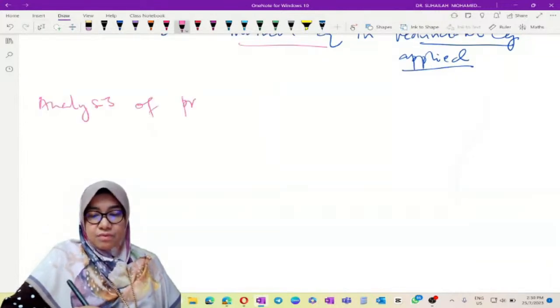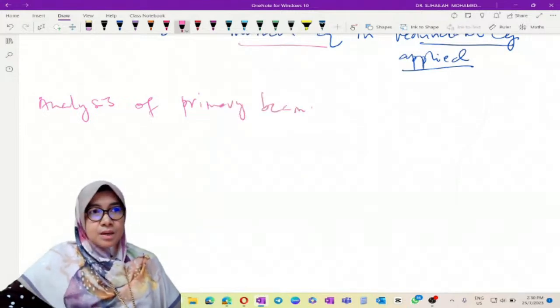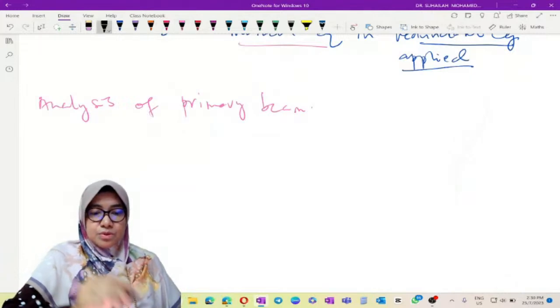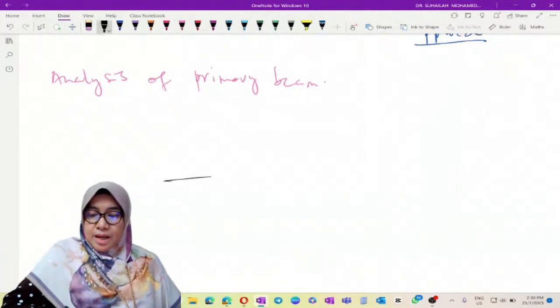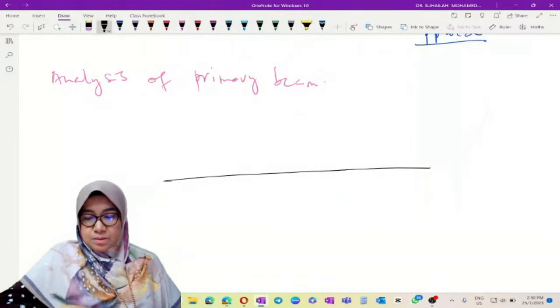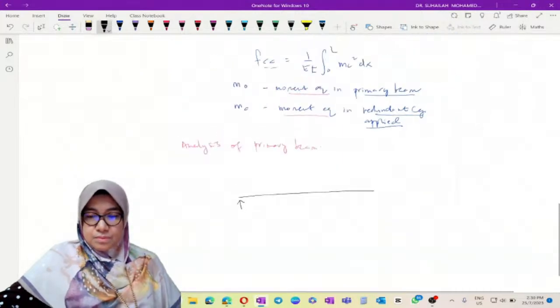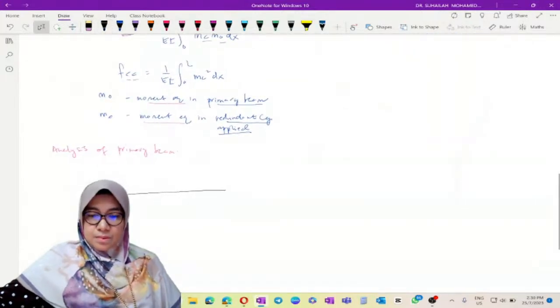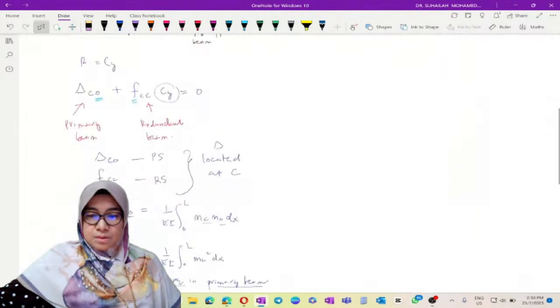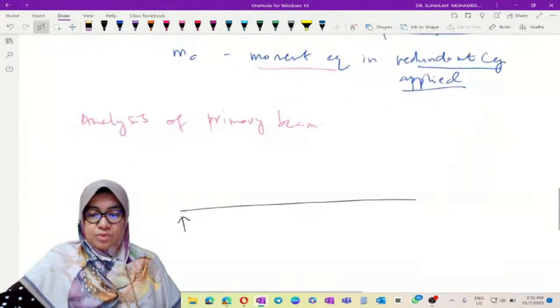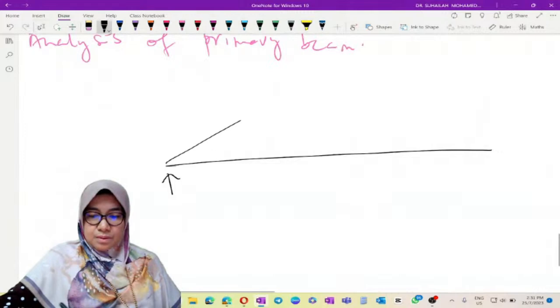Analysis of primary beam. We have the triangular load like this.